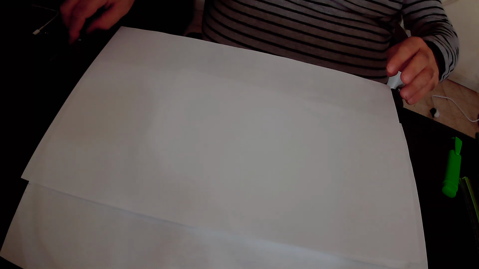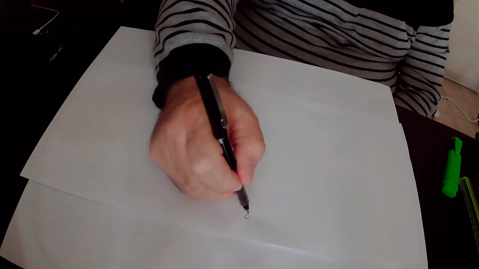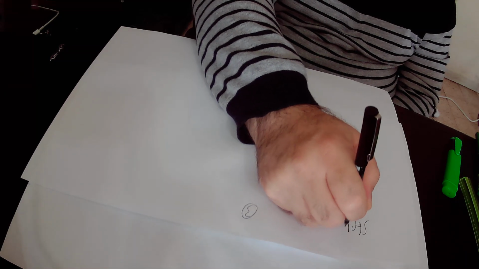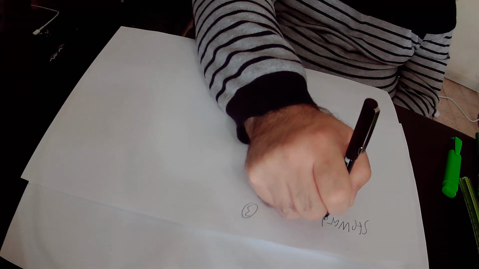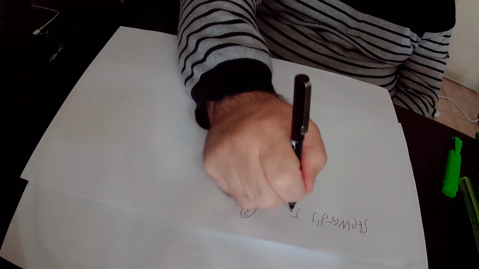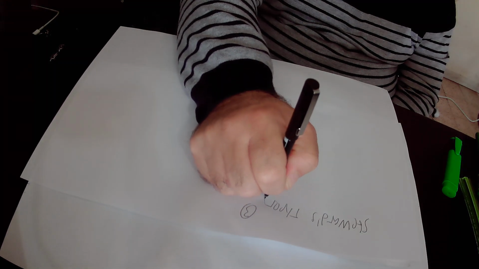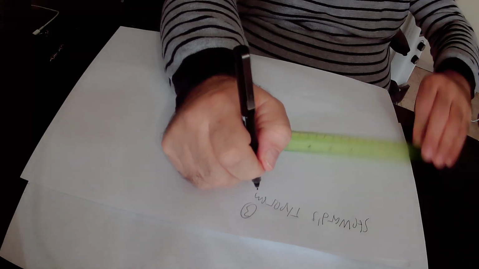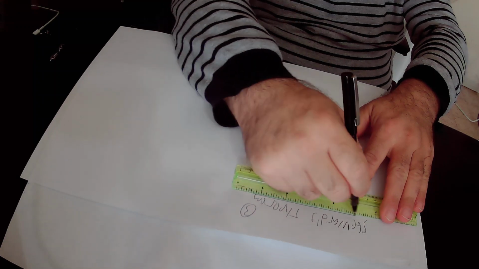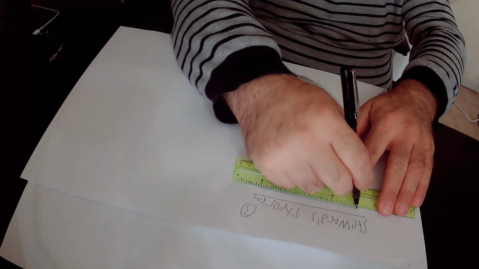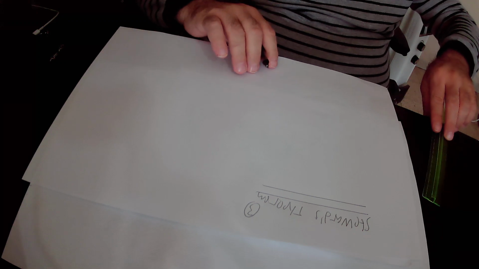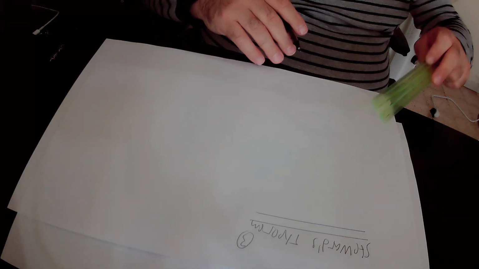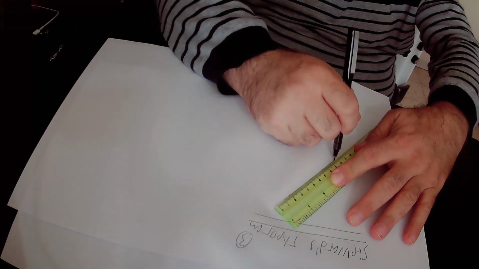The new rule is called Stewart's Theorem, and it is true in any triangle. So the triangle that I will draw could be any triangle. So this is triangle ABC, that could be any triangle.